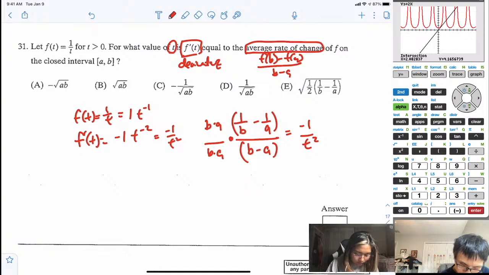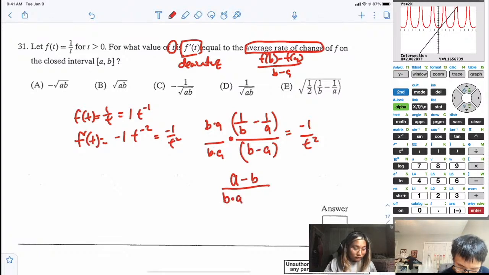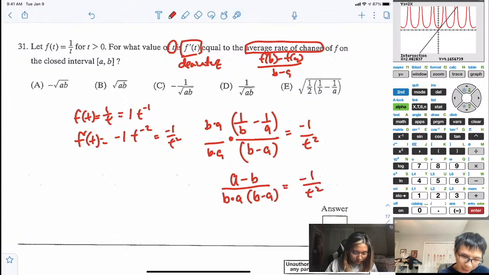On the top part, b cancels out and we're left with a minus b. On the bottom part, it's b times a over b minus a, equal to negative 1 over t squared. I'm going to wait 8 seconds for you to see what happened, and you can ask questions.